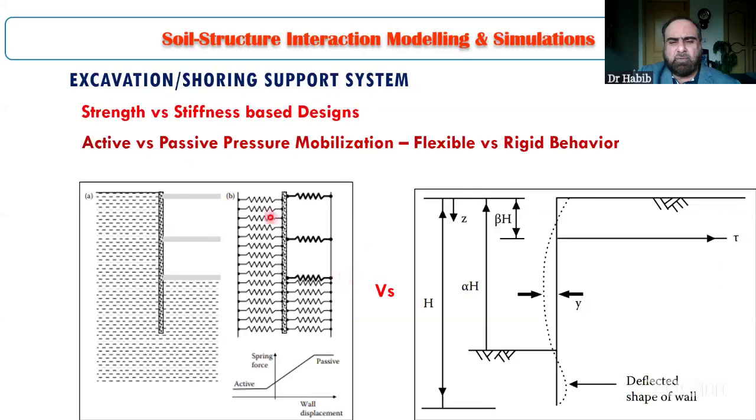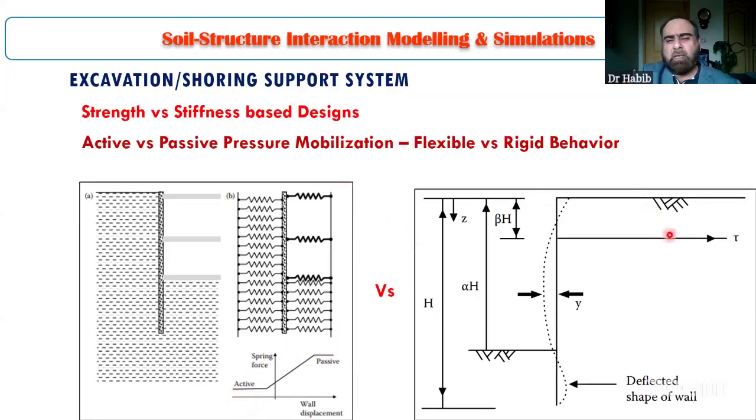Okay, this we can further understand from these two models. On the left side, this is an idealized model in which we are again converting soil in the form of springs. We have anchors, we have active side, and we have passive side. So we are considering that either we'll have a full passive, or we have active, or we have at rest conditions.